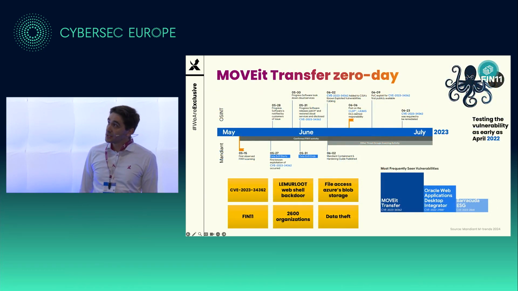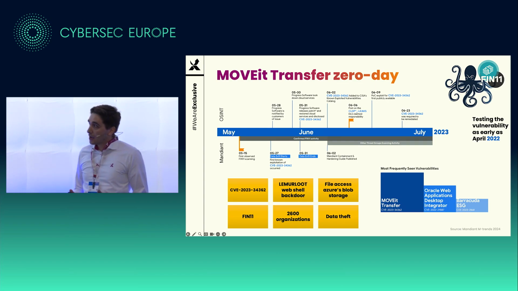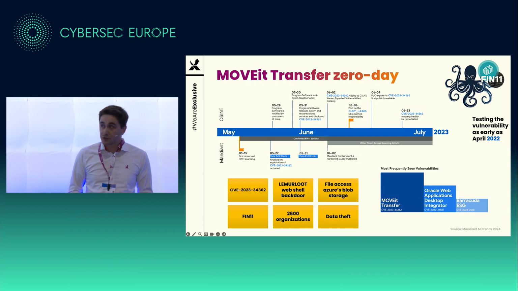A second example is from last year, the MoveIt Transfer zero-day. MoveIt is a secure file transfer software used by big enterprises. And someone found a zero-day in there that allowed them to drop a web shell backdoor to get direct access to the underlying databases and the files that were stored on Azure Blob Storage. It was Fin11, a financially motivated APT group, that was executing this attack.